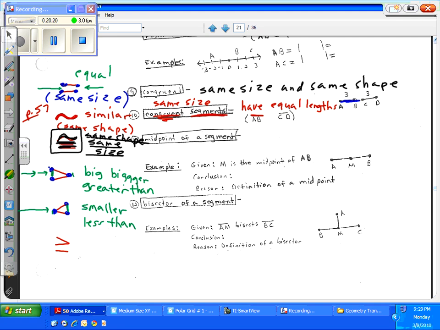So if segment AB has a length of 3 and segment CD has a length of 3, we could say that segment AB and segment CD are congruent, or we could say that segment AB is congruent to segment CD, and you can notice the symbolism there. AB congruent to CD.